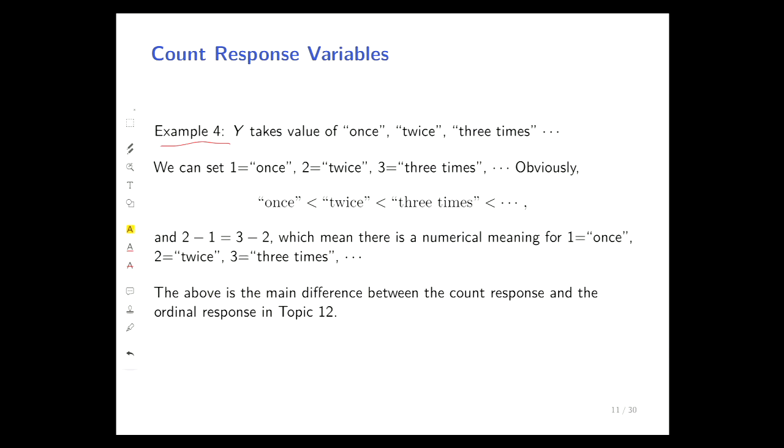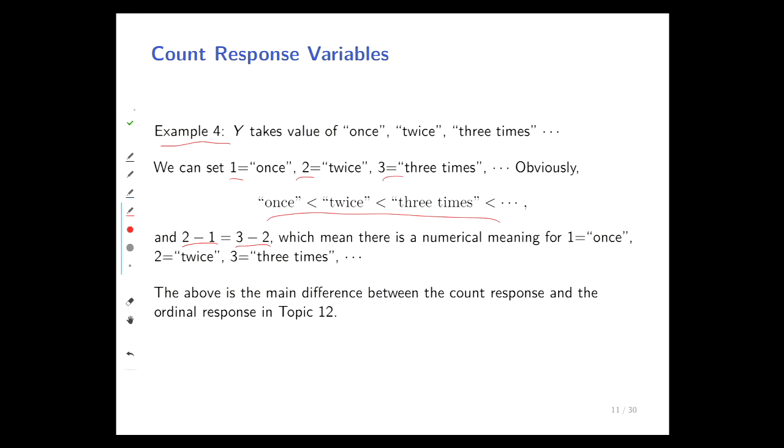The count response can take the values once, twice, 3 times, and so on, and here we can define 1, 2, 3 to represent this count response. And obviously we have order. So that's the similarity compared to the ordinal response. But the huge difference between the count response and the ordinal response is that the difference of counts, for instance, 2 minus 1 and 3 minus 2, actually has meaning.